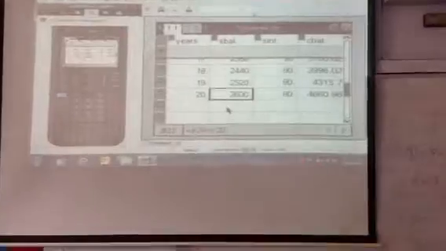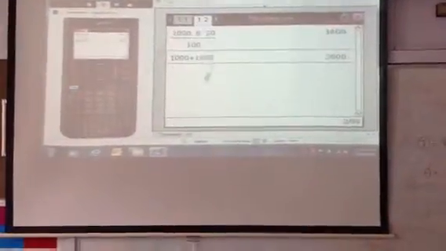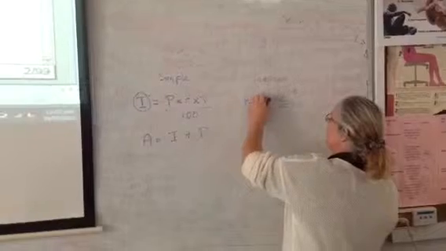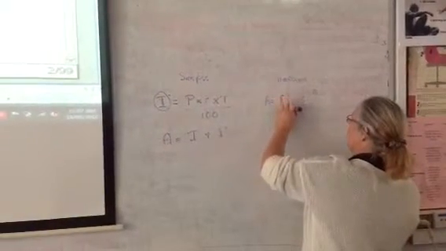Okay, let's now refresh our memories about the calculation for compound interest. Compound interest was A equals P, open bracket, 1 plus R all over 100, close bracket, to the power of N. Okay, so what's P again? That's my principal amount, so 1,000.